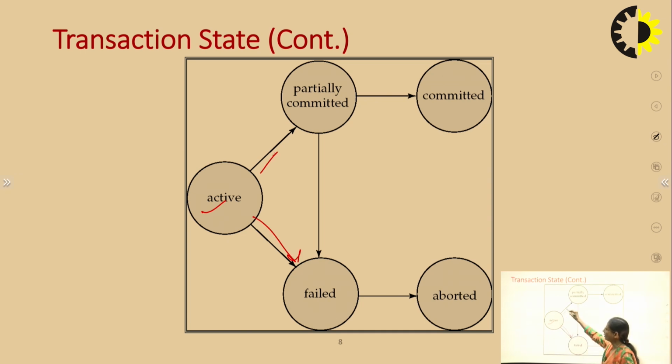Once you are doing updates on the database, that is, you haven't committed but you are updating the data item, then it is partially committed. And once you run the commit command, then it is in the committed phase. Once the transaction has failed, then it needs to be aborted. So this is the transaction state diagram in DBMS.